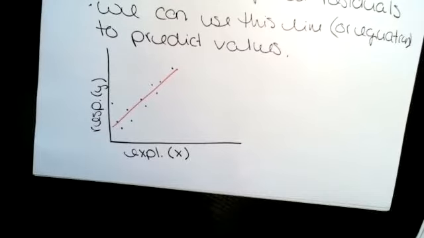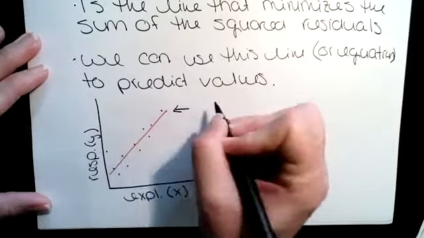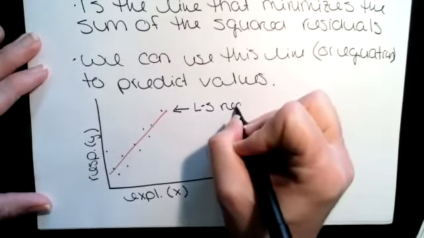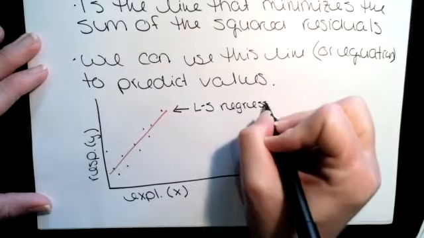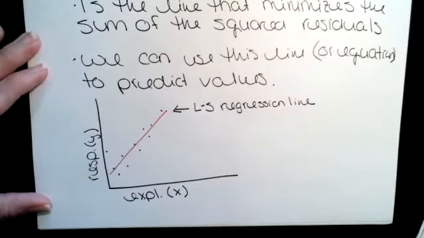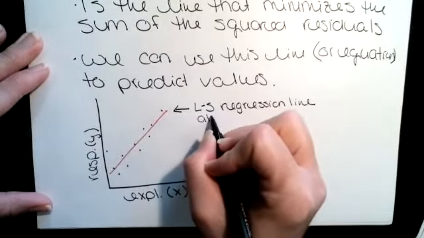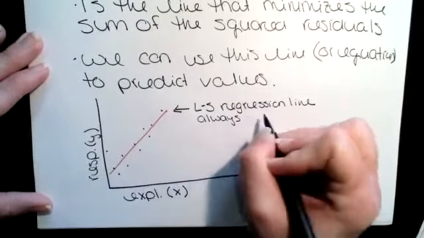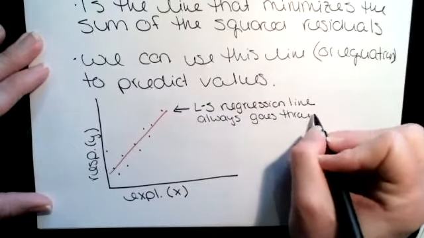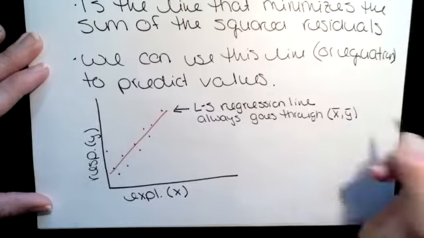And this line, I'm going to say this is my least squares regression line, or my line of best fit, we can call it. This line always goes through the point x bar, y bar.